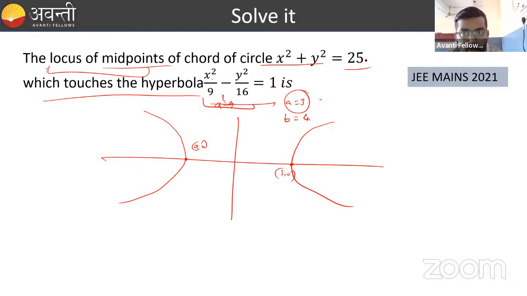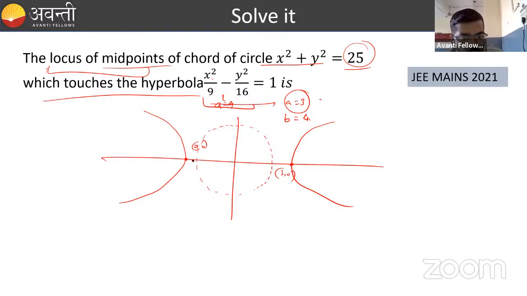So a circle is given whose radius is 5. So we'll draw a circle like this whose radius is 5.